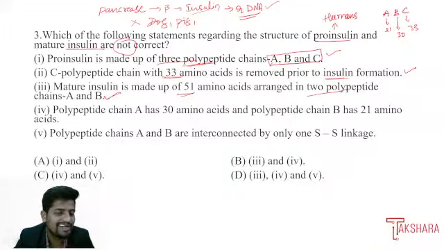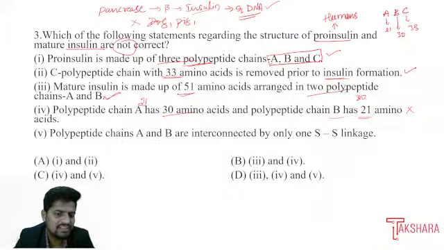But we have to find the not correct options according to proinsulin and mature human insulin. Next statement: polypeptide chain A has 30 amino acids and polypeptide chain B has 21 amino acids. Here the A chain is made up of 21 and the B chain is made up of 30, so option D is a wrong statement.